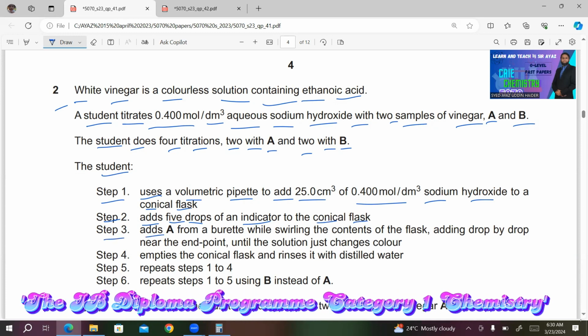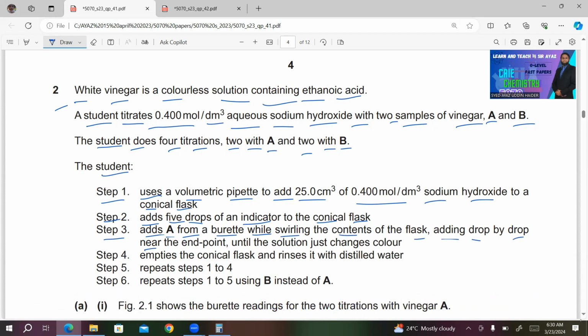Step 3, adds A from a burette while swirling the contents of the flask, adding drop by drop near the end point until the solution just changes color. Step 4, empties the conical flask and rinses it with distilled water. Step 5, repeats steps 1 to 4. Step 6, repeats steps 1 to 5 using B instead of A.